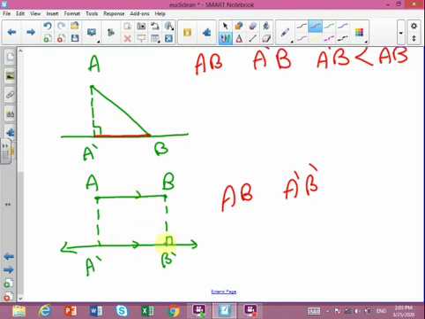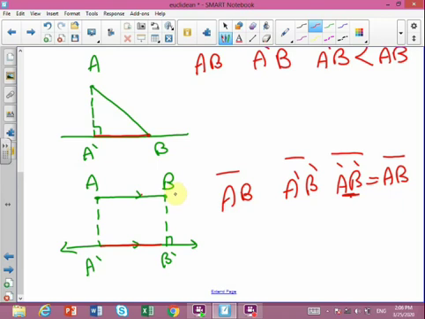Is A dash B dash in this case smaller than AB? No, it is equal to AB. So the projection of a line to a given line, when are they equal? They are equal when they are parallel, and it always comes in the exam. The line segment is equal to its projection. So in which case?